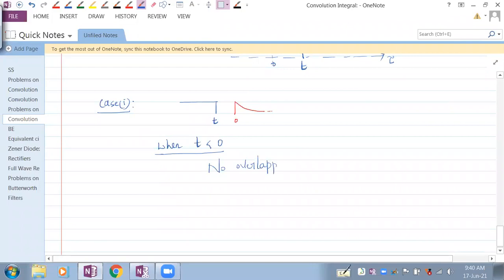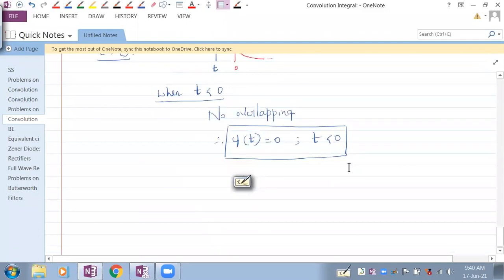Therefore, y of t would be 0 for t less than 0 is your first case. Understand this point?